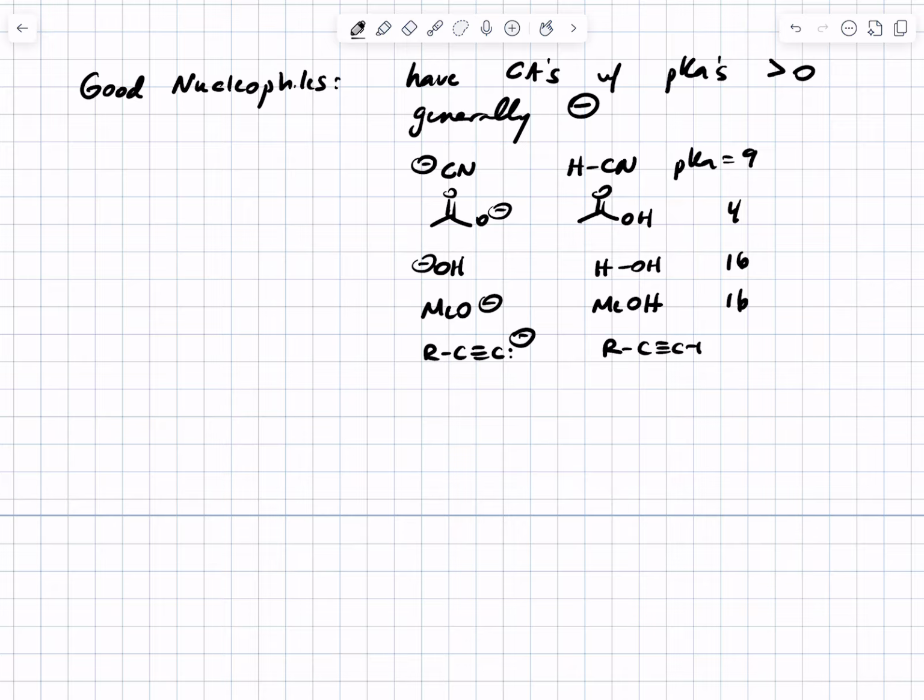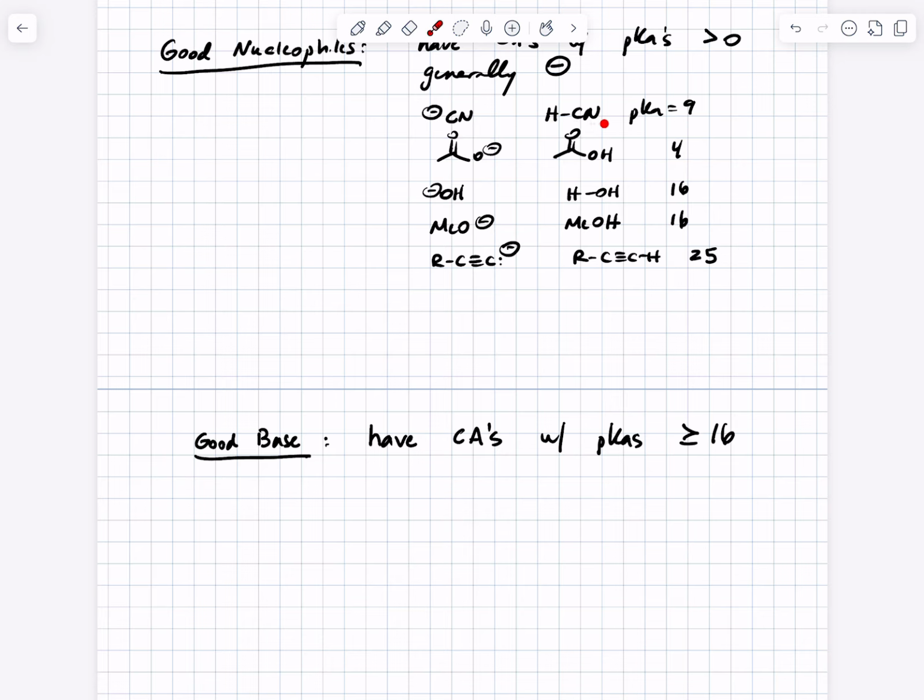For example, you would predict CN-, good nucleophile but not a good base, because its conjugate acid's pKa is 9, and that's less than 16. Similarly with the carboxylate, you would predict a good nucleophile but not a good base, because the pKa of its conjugate acid is around 4.